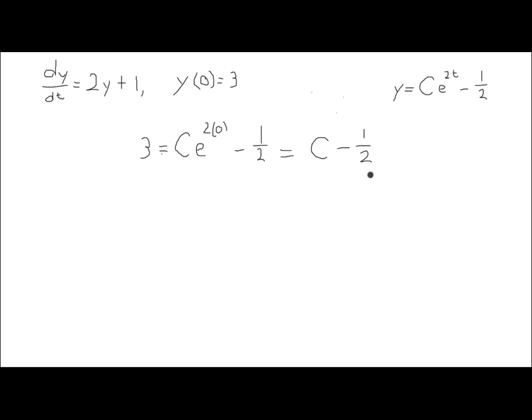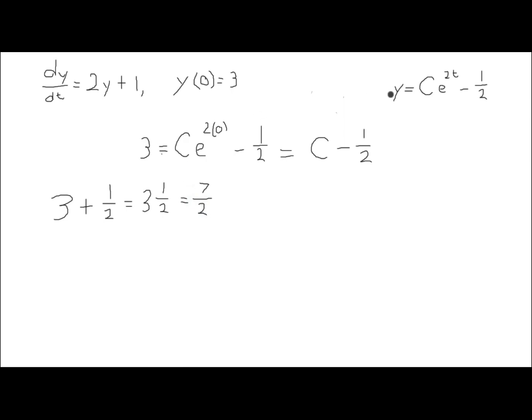And we're almost done. So we can do some simple addition with this. We add 1/2 on both sides. So 3 plus 1/2, of course, equals 3.5. But in terms of neatness, because we're working with a coefficient, I'll rewrite this as an improper fraction of 7/2.